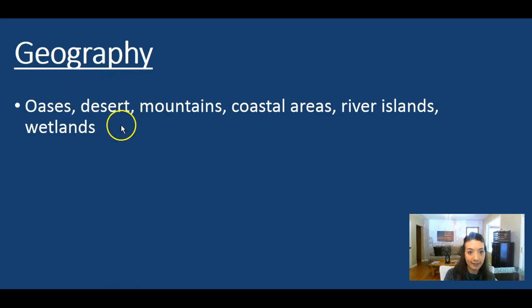Okay, so there is desert there. You can see mountains, especially in Upper Egypt. There are coastal areas because the Red Sea is to the east and the Mediterranean Sea is to the north. There are river islands in the Nile, and there are actually wetlands.